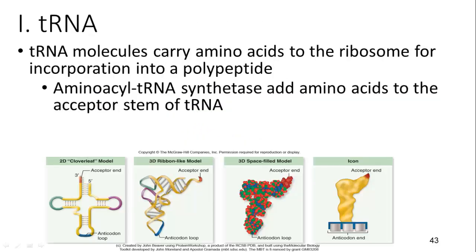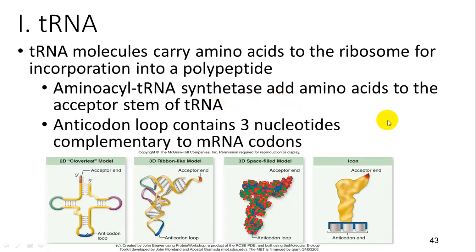Finally, you have your transfer RNA, and the transfer RNA brings the amino acids to the ribosome so that they can add amino acids together. The aminoacyl-tRNA synthetase adds amino acids to the acceptor stem of the tRNA.